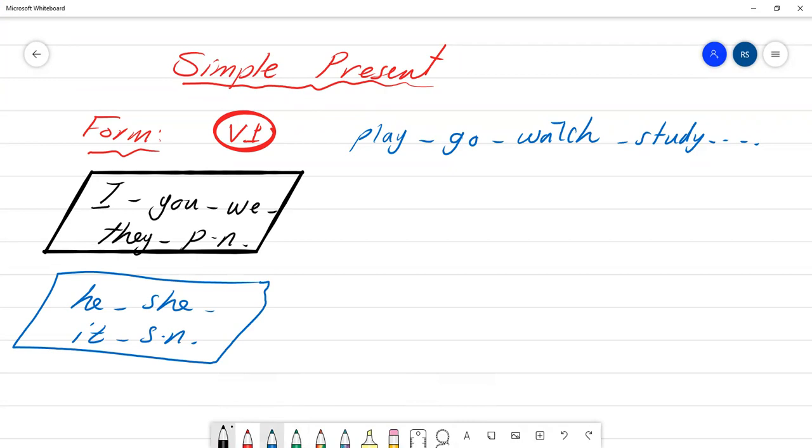Here in group 1, I can say I play. So the verb is without any addings, without s.